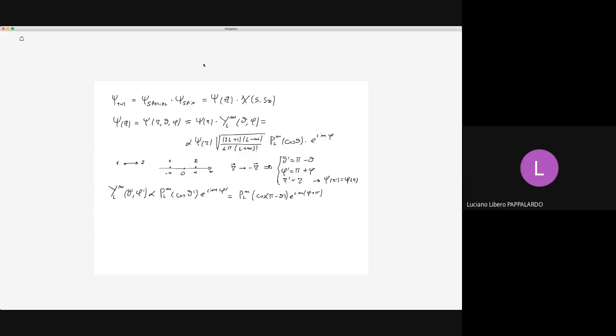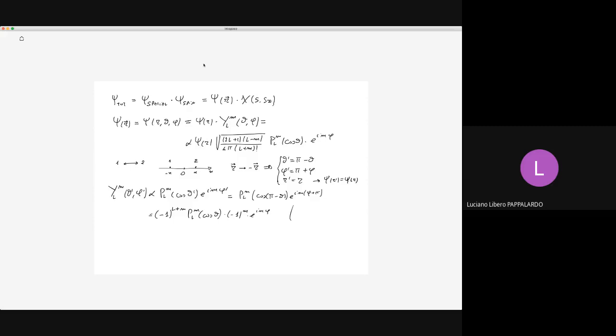Now, from the properties of the Legendre polynomial, it turns out that the Legendre polynomial of cosine of pi minus theta corresponds to (-1) to the power L plus m times the Legendre polynomial of cos theta. And then the exponential part is nothing else than (-1) to the m times e to the i m phi. To see this, let me open a parenthesis here.